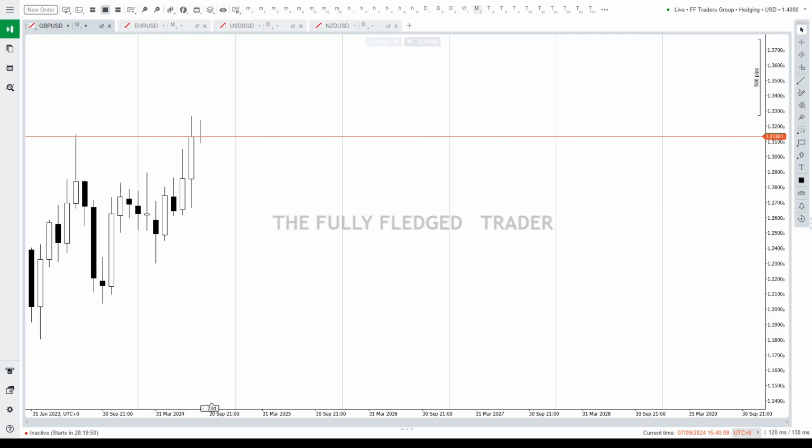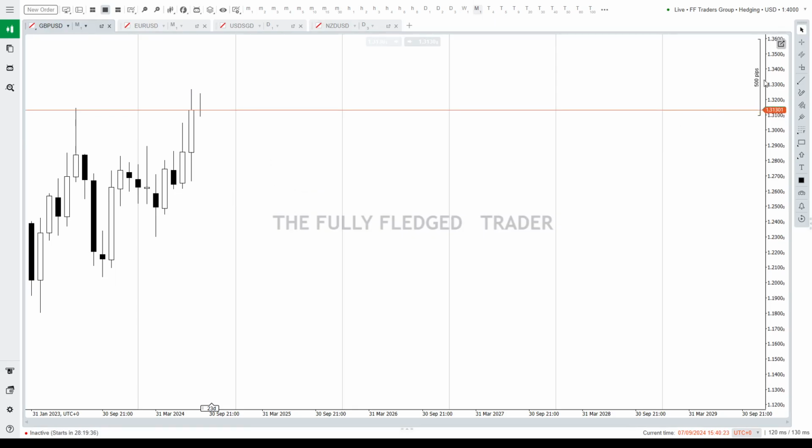So what you're seeing here is the British pound dollar chart, and we are on the cTrader platform. This is the monthly chart.